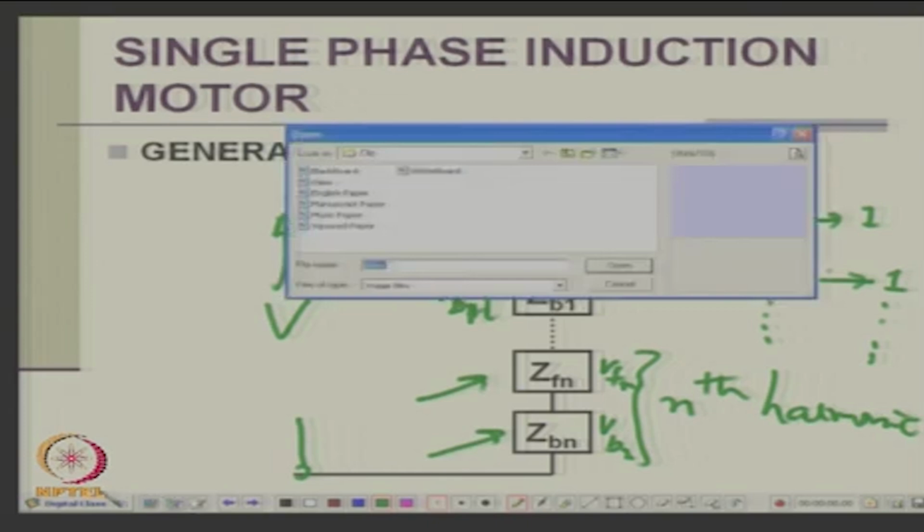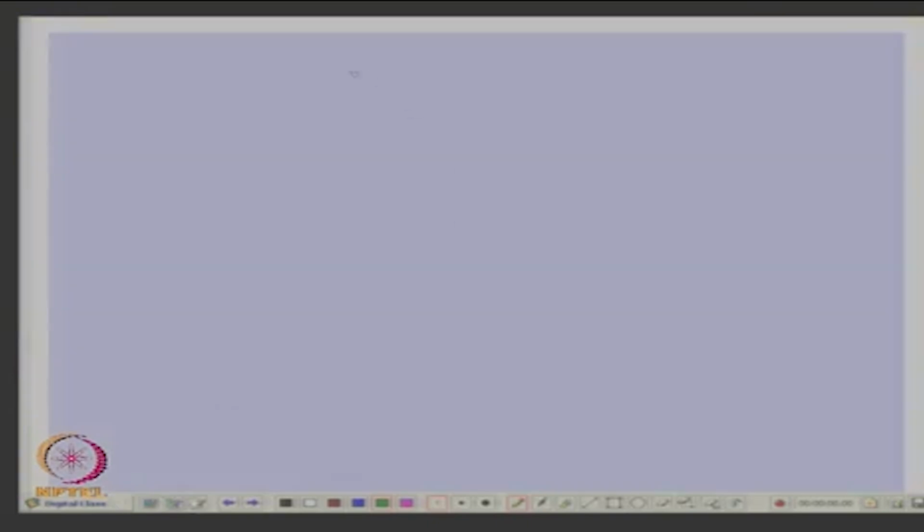Now, the point is, if there is one winding A, it is fine.